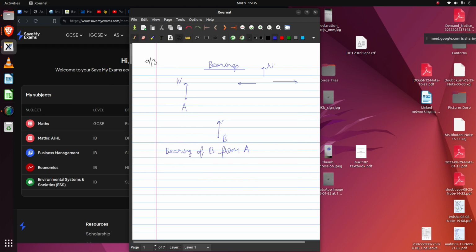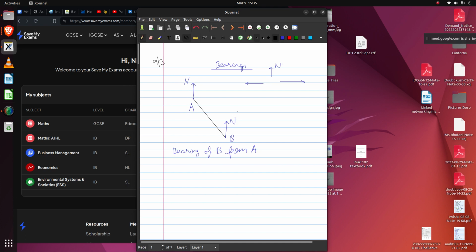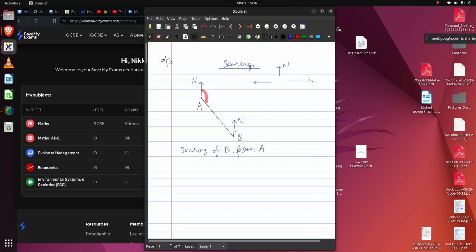So let's say this is north. And then join the 2 points. The bearing of B from A is that you start from the north direction of A and you go clockwise until you reach the line joining A and B. So this is what the bearing of B from A means.